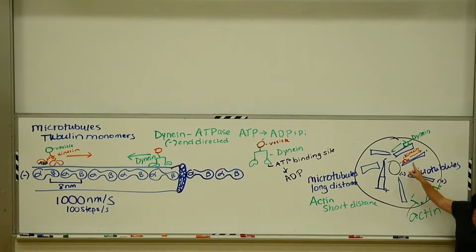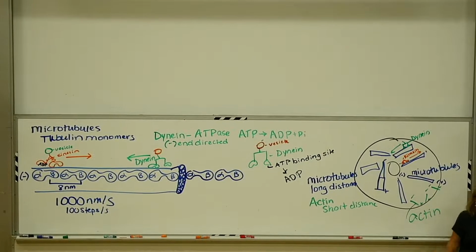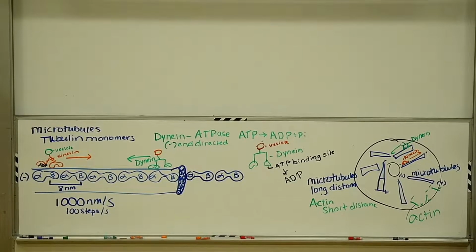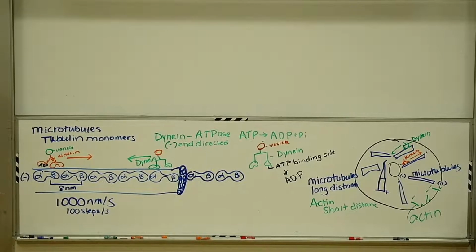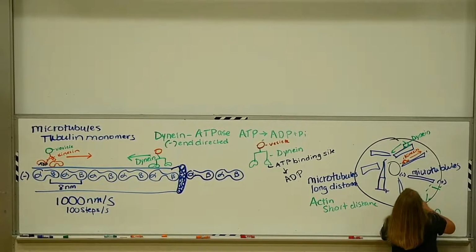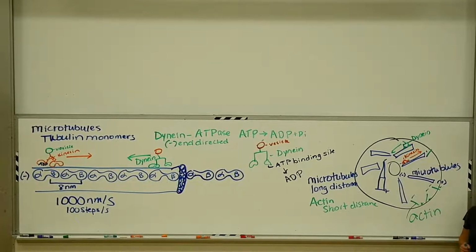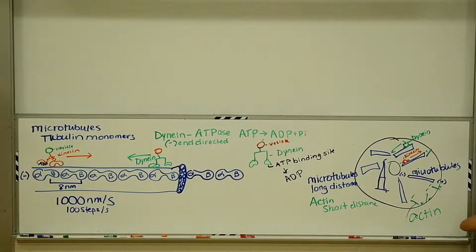So if you're carrying a vesicle, and I know this comes from the nucleus, but let's pretend this kinesin was actually picking something up from the Golgi apparatus and taking it to the plasma membrane, it's not actually going to get it to the plasma membrane. It has to transfer its cargo to myosin on actin to get it to the membrane to exocytose it.